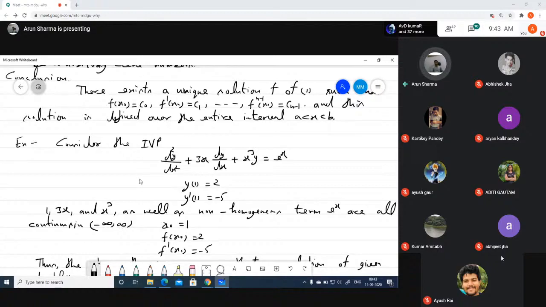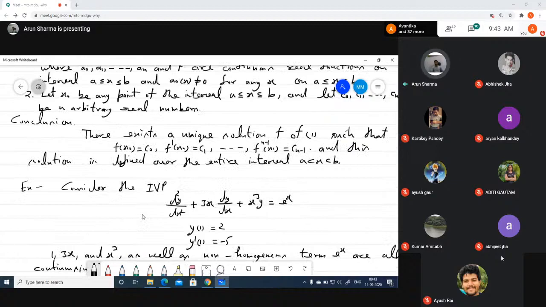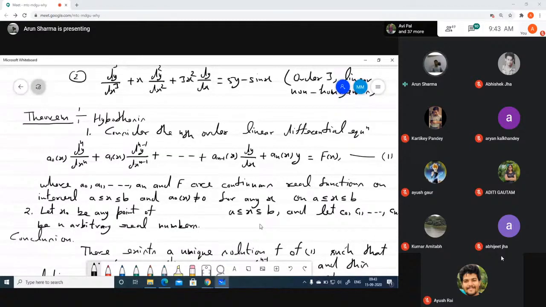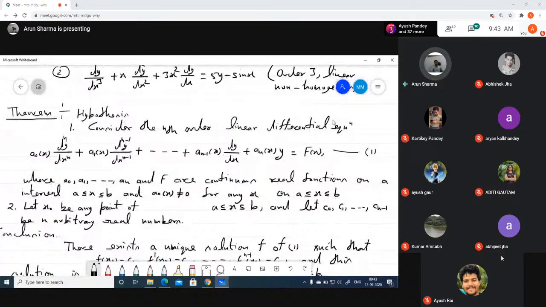So if you see the statement of this theorem, let us look once more, and it will be clear. Consider the nth order linear differential equation where a0, a1, an and f are continuous real functions on the interval a less than or equal to x less than or equal to b, and a0(x) is not 0 for any x in a to b.